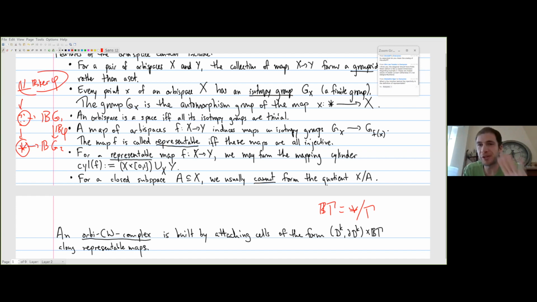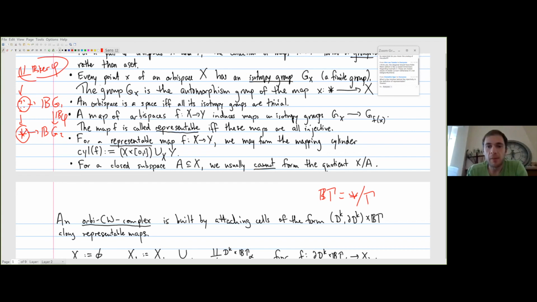I'm not sure how much intuition that is, but that's essentially a proof that if you are representable in the stacky sense, then you're injective on isotropy groups, and the tricky part is the converse.